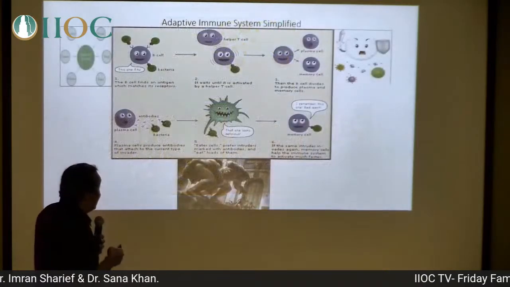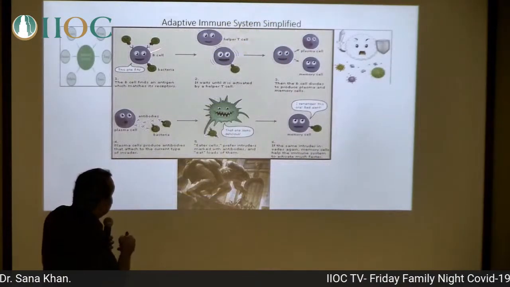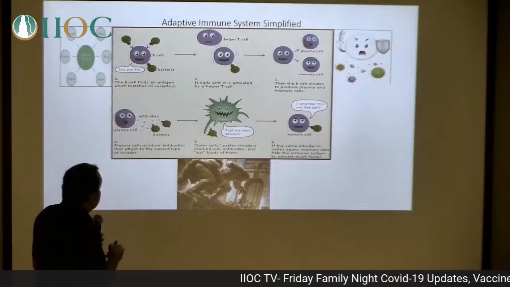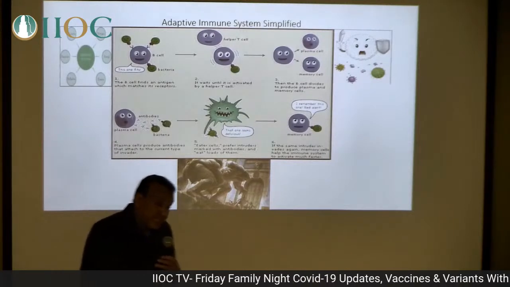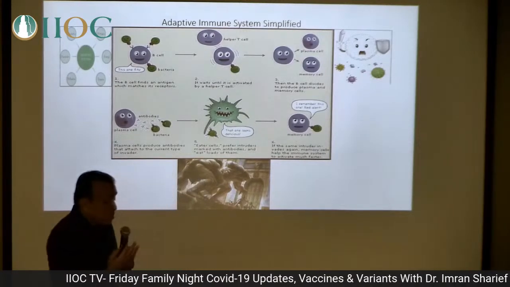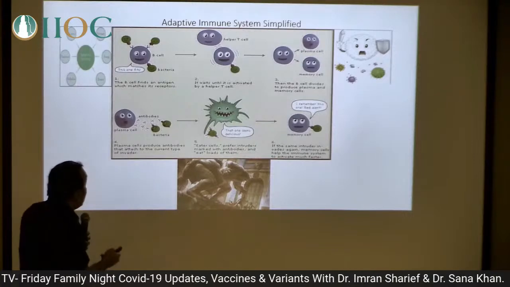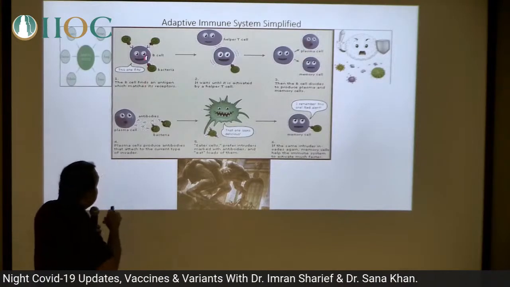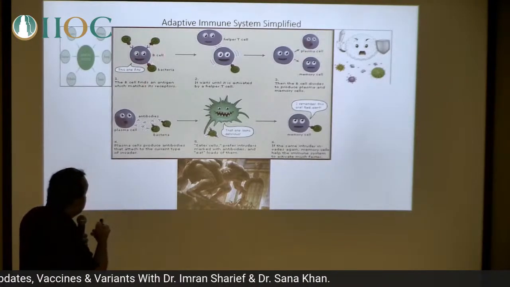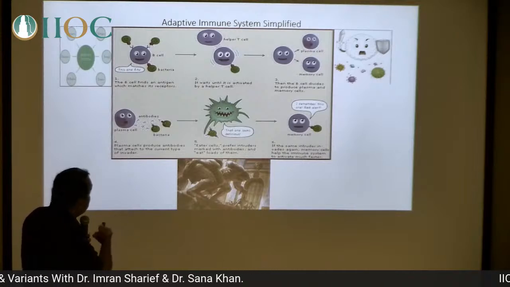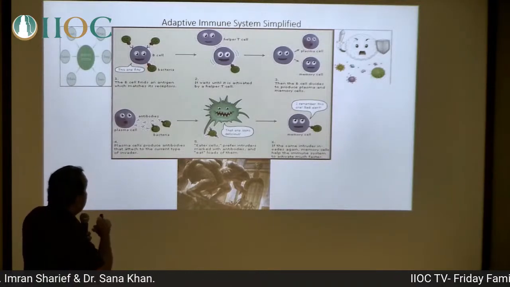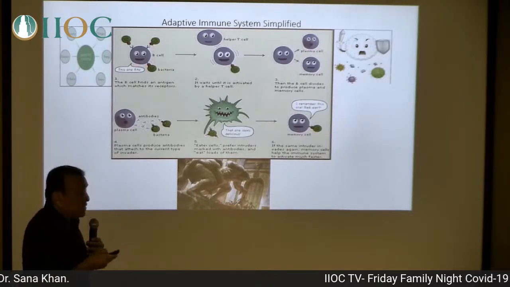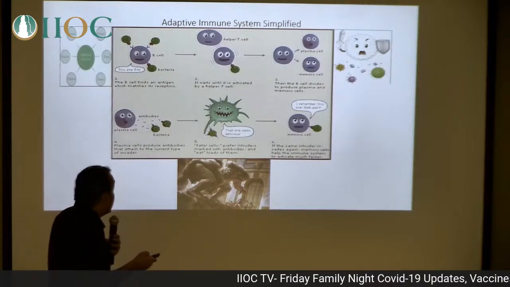These are now cuter than those invaders, but let me just show you how it happens. You've probably heard of B cells and T cells. You've probably heard of memory cells, right? Well, what happens is all of us have these things called B cells, these defense cells in our immune system. What they do is they go round and round and look for foreign invaders, anything that's foreign to the body.